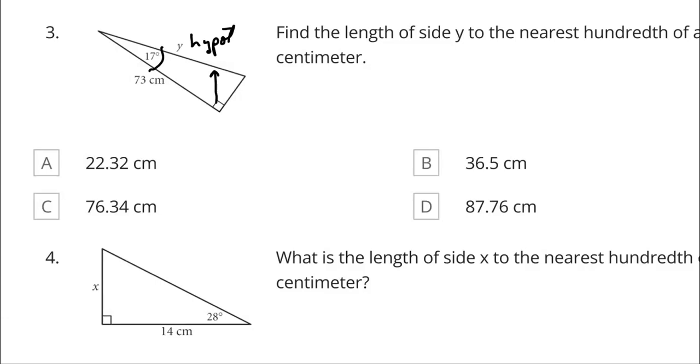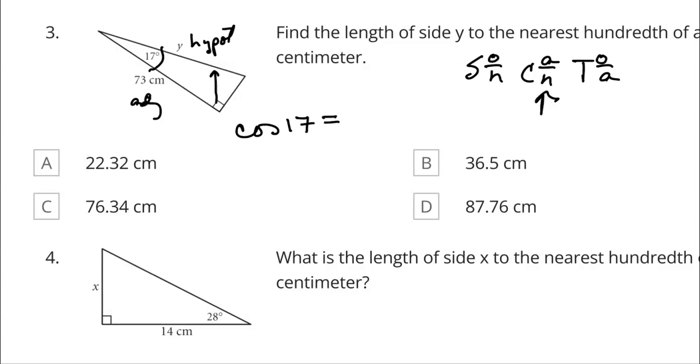The 73 is touching the angle, but it's not the hypotenuse, so that is the adjacent. With adjacent and hypotenuse, let's write SOHCAHTOA once again. I see I have adjacent and hypotenuse, so that looks like cosine. So I'm going to say the cosine of 17 equals adjacent, 73, over hypotenuse, which is y.